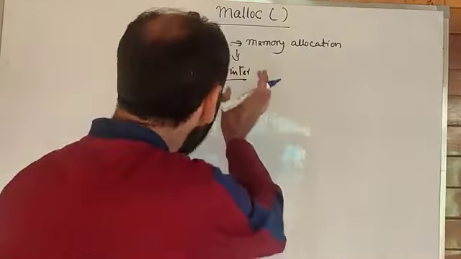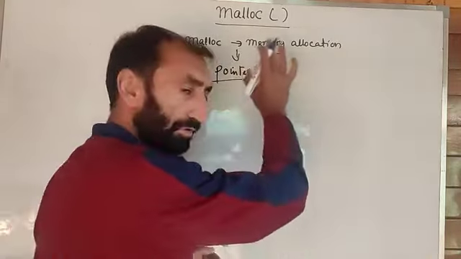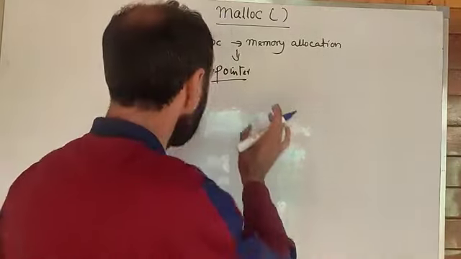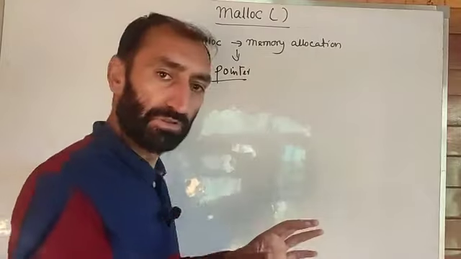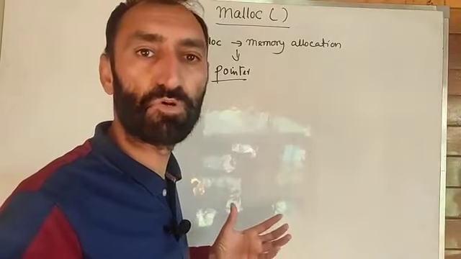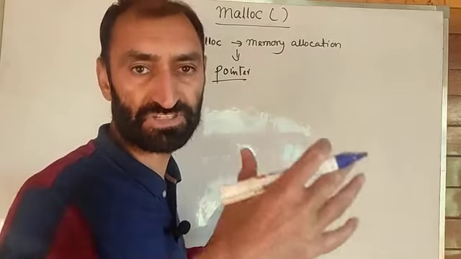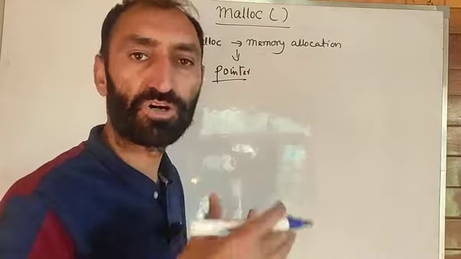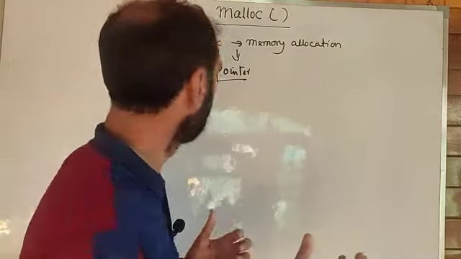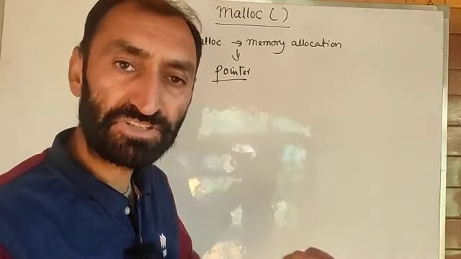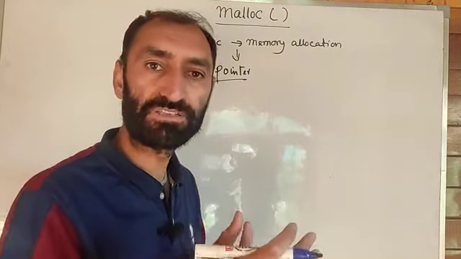So without pointer, it is not possible to allocate the memory dynamically. It is one of the most important applications of pointer: to allocate the memory dynamically to data structures, to structures, to arrays, or to any other program. So pointers are mandatory for allocating memory dynamically.